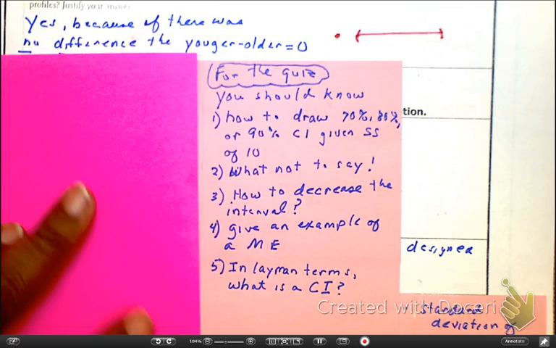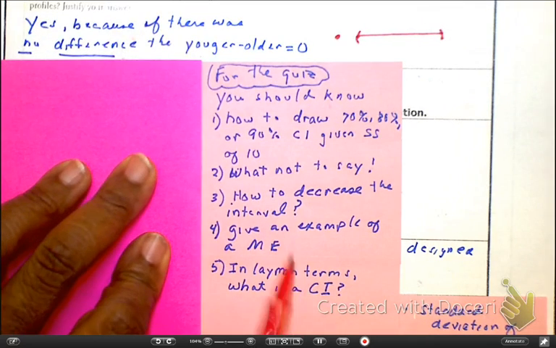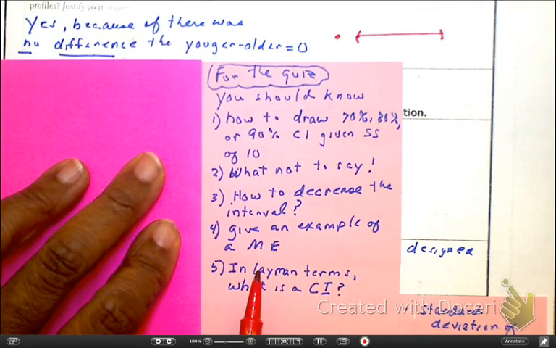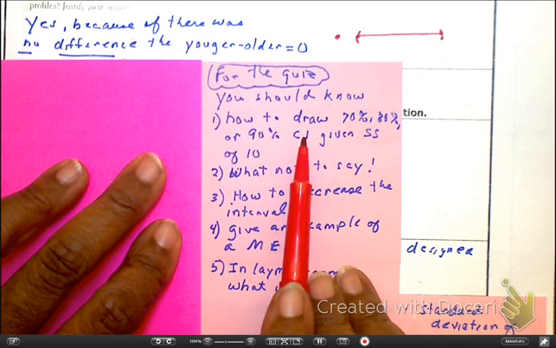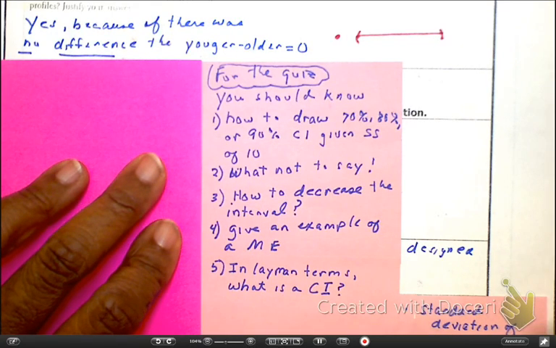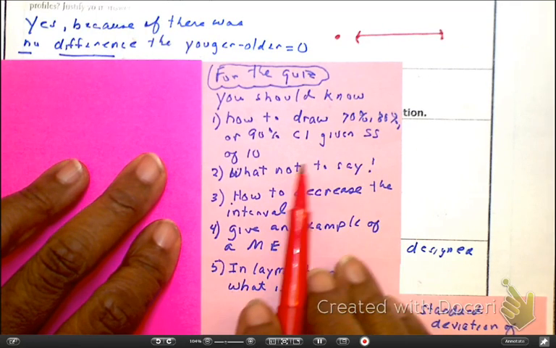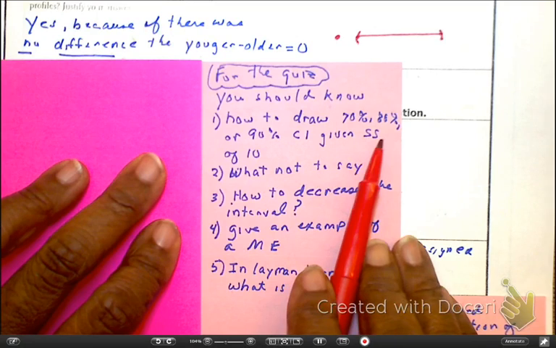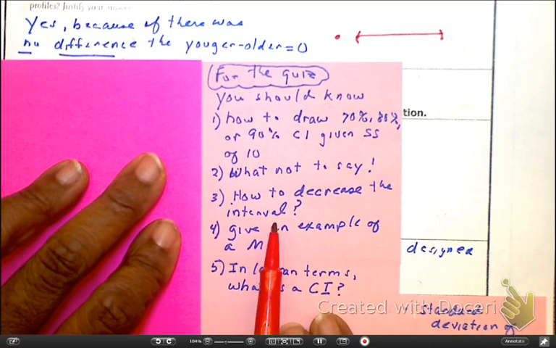As we continue going through this video, there's a couple of things that you need to know for your upcoming quiz. How to draw. When I say draw, I mean physically draw like you did today, a 70%, 80%, or 90% CI, given a sample size of 10.